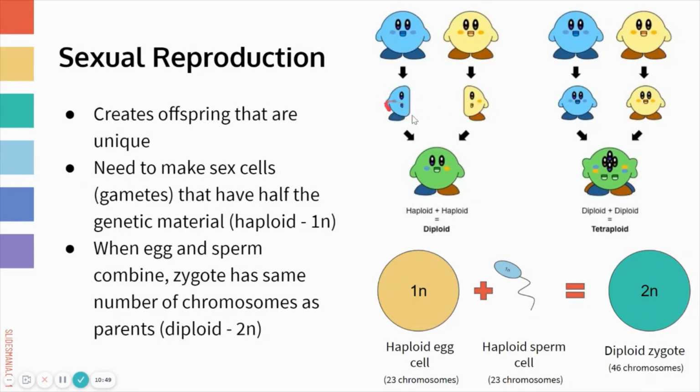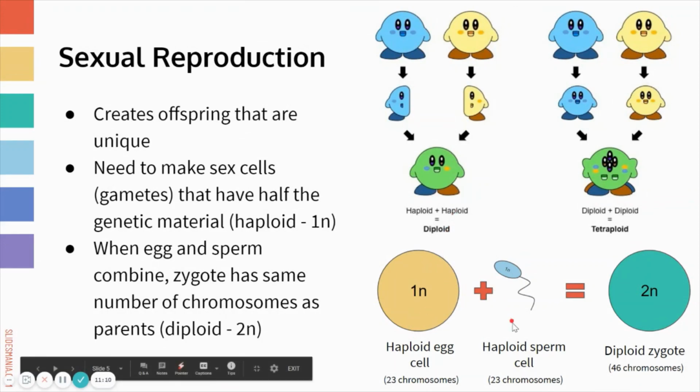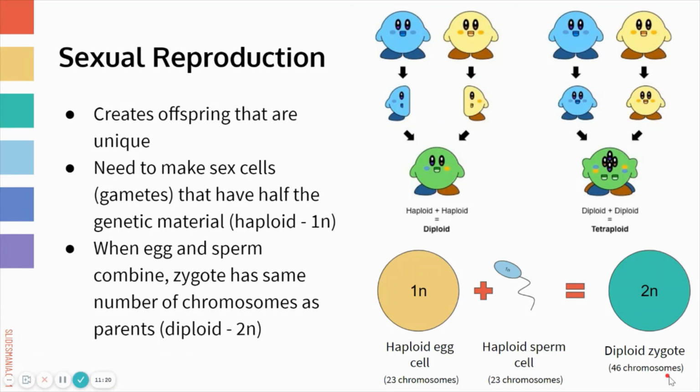And that way, when a haploid egg and a haploid sperm come together, it creates the starting cell for an offspring, a zygote, that has the right number of chromosomes, that has a pair for each one, and is a diploid cell. So when we're combining a haploid egg and a haploid sperm, we create a diploid zygote that has the right number of chromosomes, and then it can go through development and have all of the genetic material that it needs.